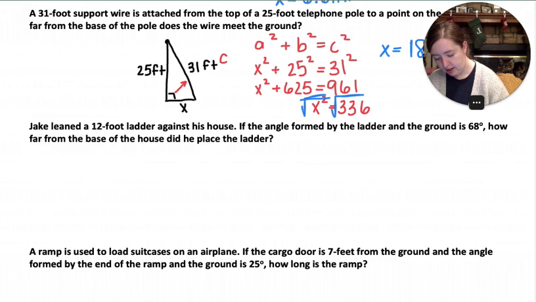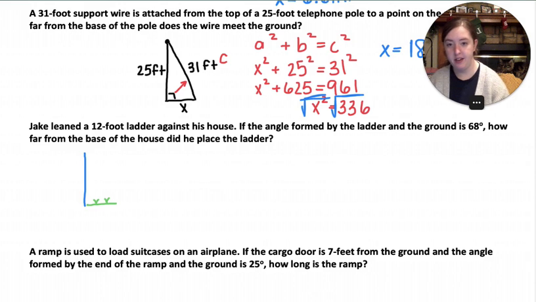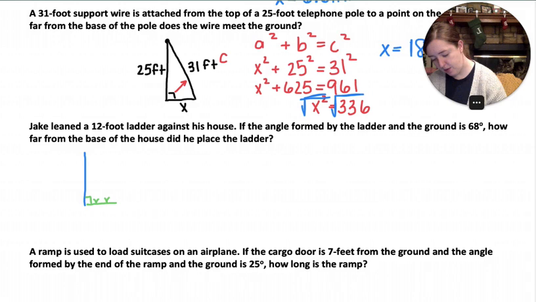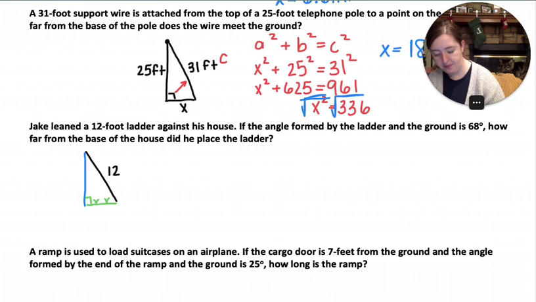So, first of all, here is my house. My house tends to make a right angle with the ground. There's a little bit of grass right there. Then we have this ladder that we were told is 12 feet.